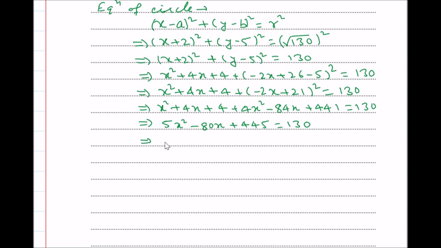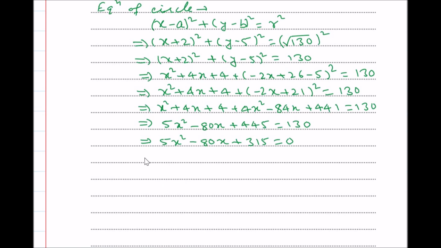Now bring 130 to the left. So 5x square minus 80x plus 315 equal to 0. So we got a quadratic equation, 5x square minus 80x plus 315 equal to 0.